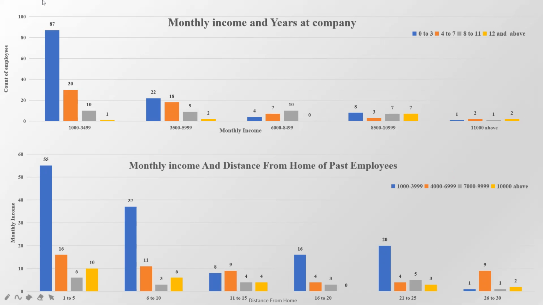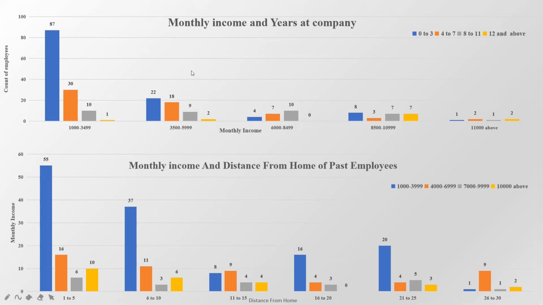You can clearly see the maximum iteration is here. The income is less, and the ones leaving are within 3 years, and apart from that are the ones who are leaving between 4 to 7 and 8 to 11, and one employee was working on a salary of 3500 for 12 years and above.